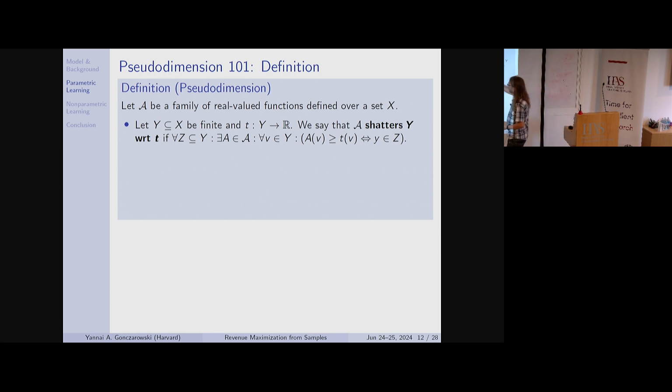And let T be a threshold number for each of these. So maybe here the threshold is 5, here it's 6, here it's 10.